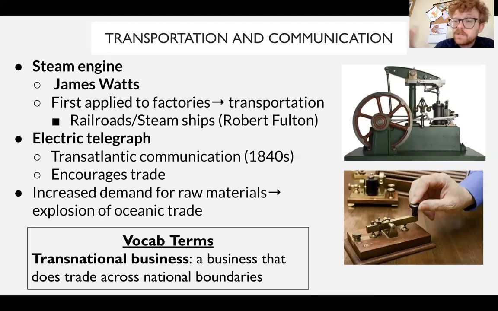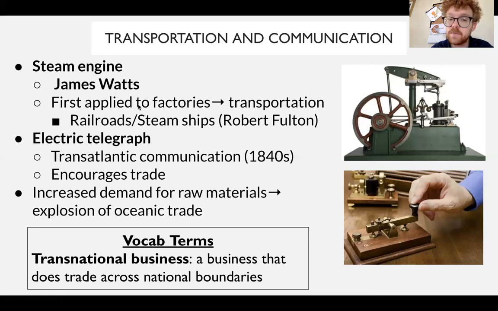This allows business to be done between companies in Great Britain and companies in places like the United States. It is encouraging trade. It is encouraging oceanic connections. So this encouragement of trade is leading to the rise of transnational businesses, businesses that do trade across national boundaries. And as such, it is going to encourage new ways of doing trade.